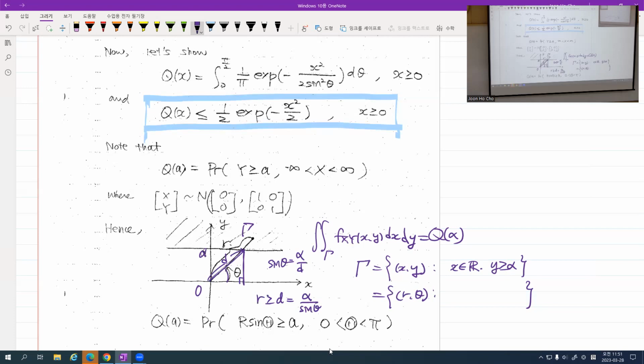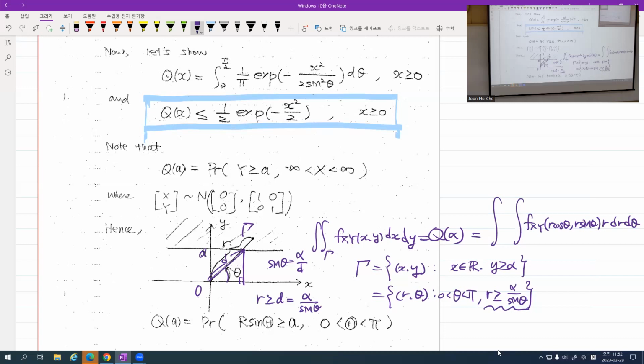Got it? So you have theta from 0 to pi, right? And if you want, let's remove the endpoints. And given theta, r is greater than or equal to alpha divided by sine theta. And then, as you've seen in the quiz problem, you have r cosine theta, r sine theta, r dr d theta.